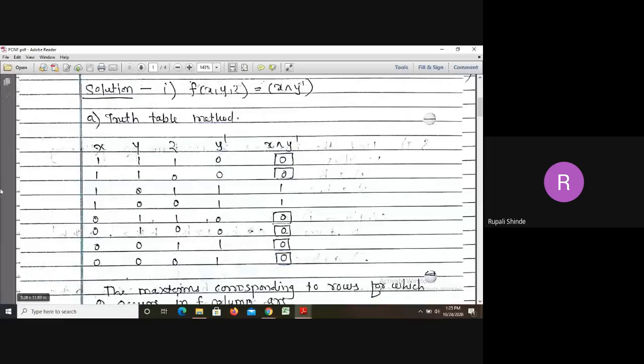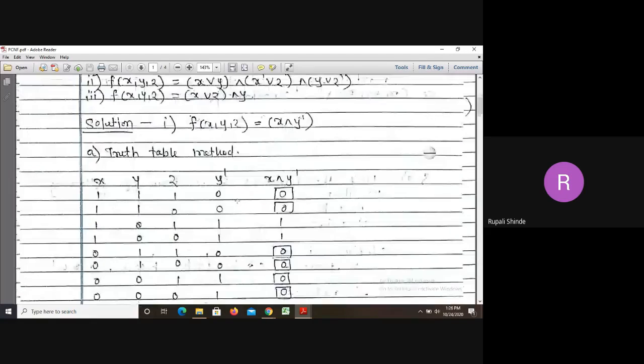Now, in the case of PCNF, we have to check where we have written 0 in the last column. Check here: 1, 2, 3, 4, 5, 6. There are 6 zeros, and for all these zeros we have to check the respective values of x, y, and z.